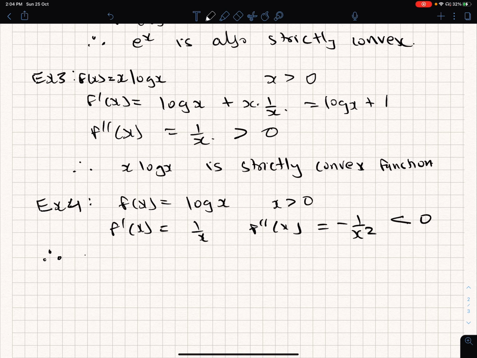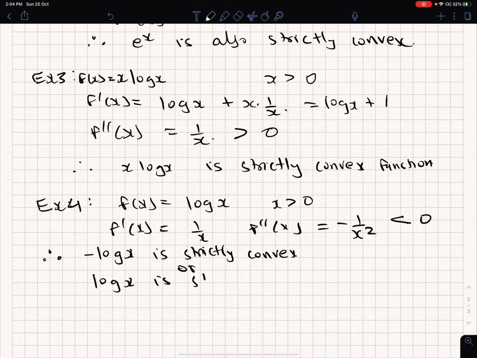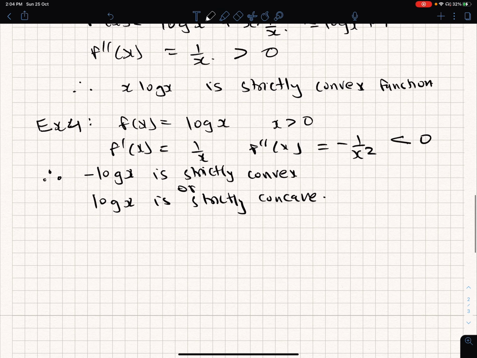We can say that minus log of x, which will give the second derivative as 1 by x square, is strictly convex, or another way to say it is log of x is strictly concave.